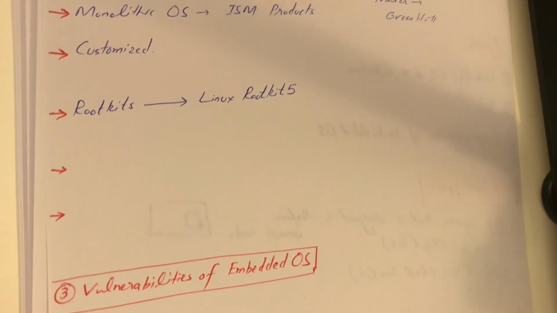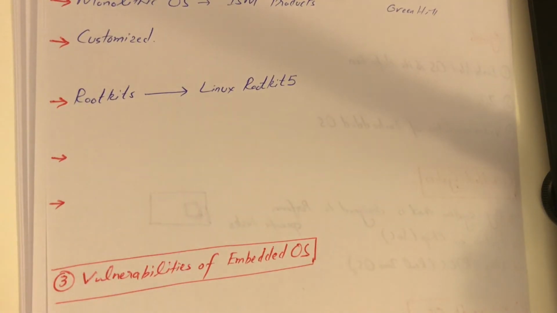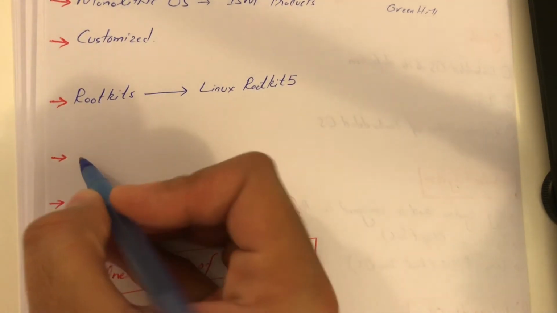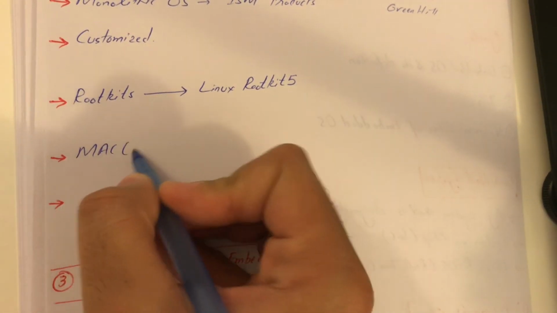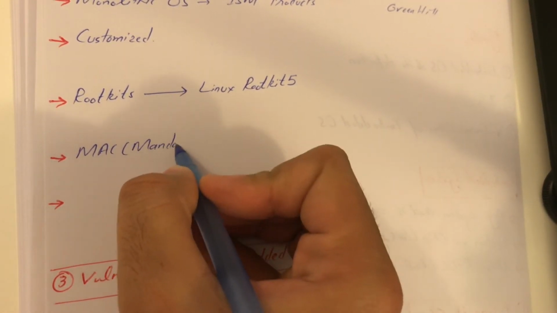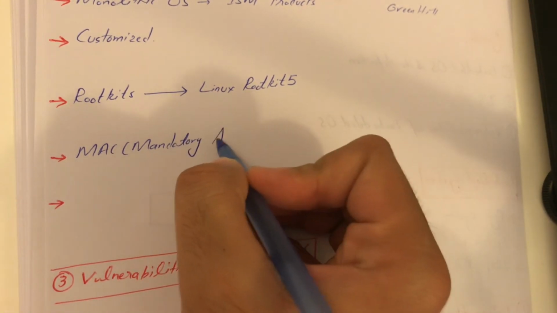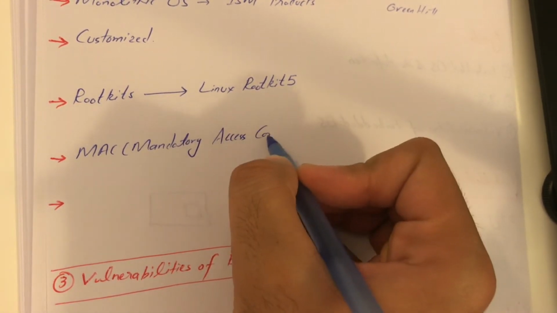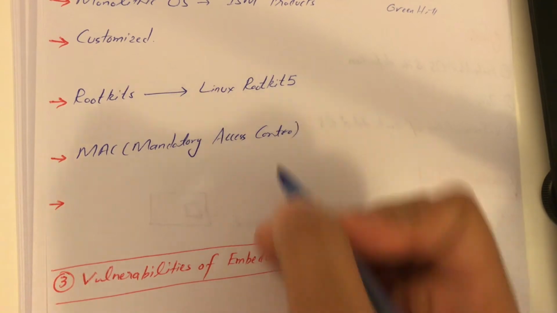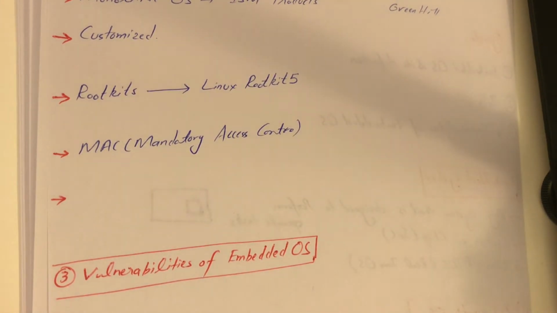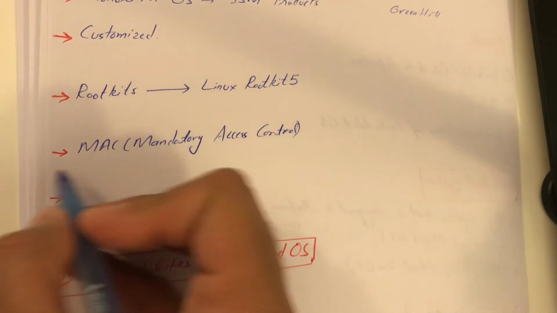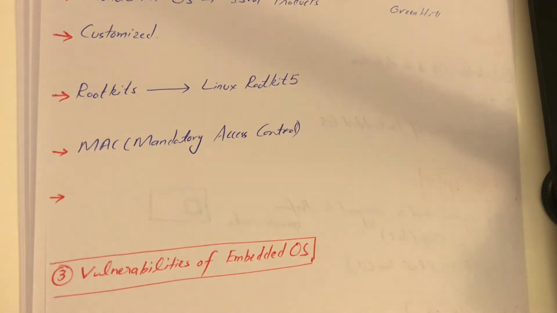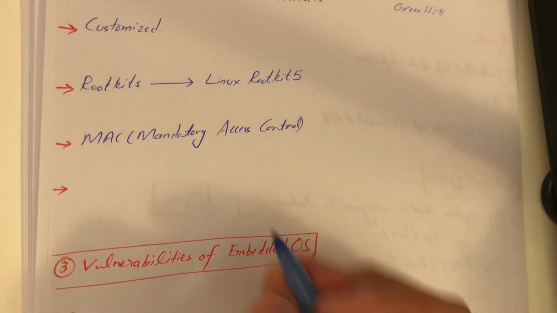For access control in the embedded Linux operating system, they use mandatory access control. As you know, it's the most restricted model, and we can control over it. Let me write down the definition for your quiz, or if you need to remember that.